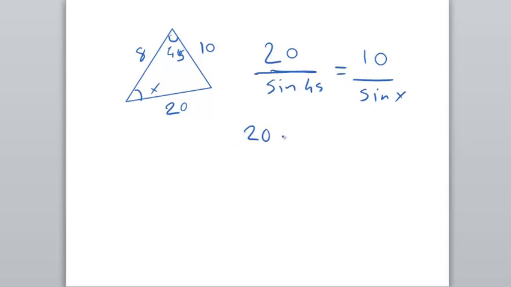So it's 20 times sine x is equal to 10 times sine 45.